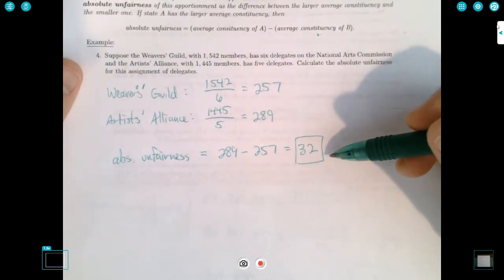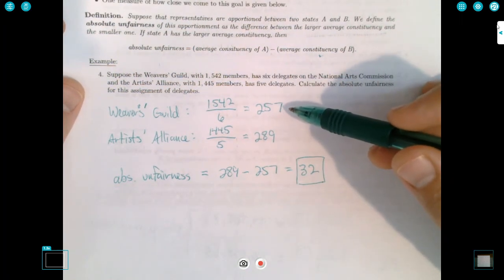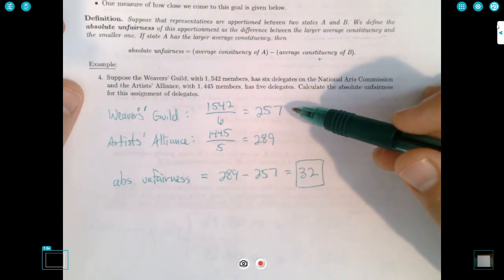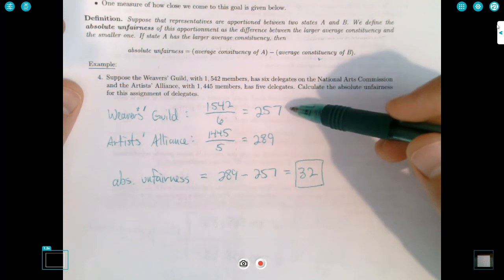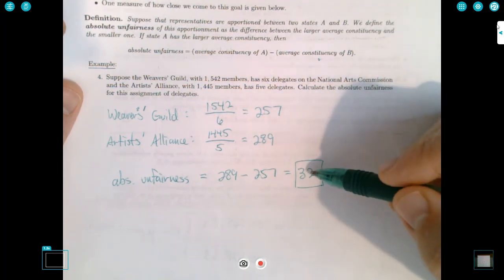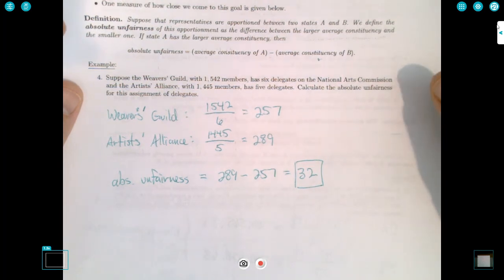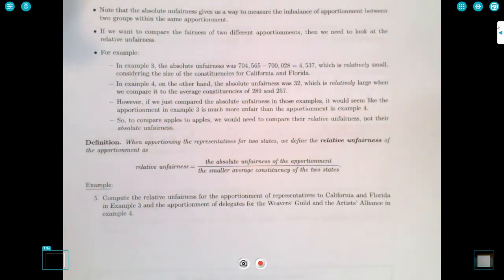Whereas an absolute unfairness of 32, when we were only dealing with average constituencies of 257 and 289 to begin with, is actually a much bigger deal. To see exactly how big it is, we would look at the relative unfairness.